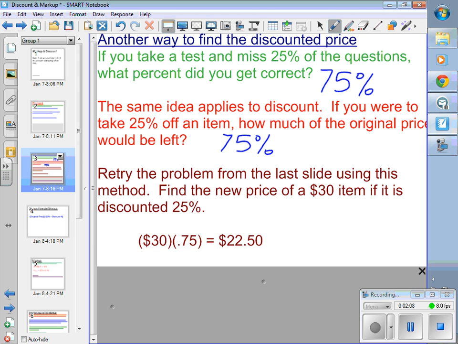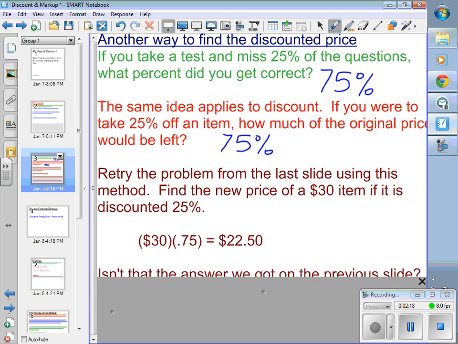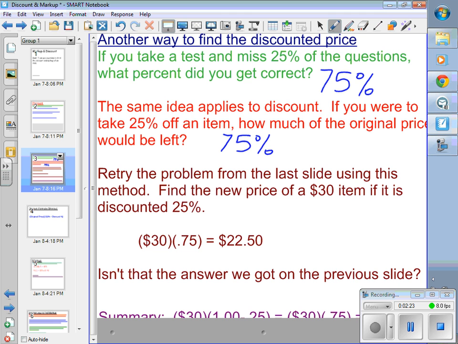So we're going to do $30 times 75%. That's the amount that you're still paying, $22.50. That's the same answer as on the previous slide, right? Yes.